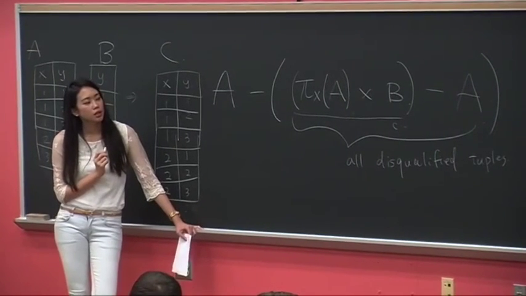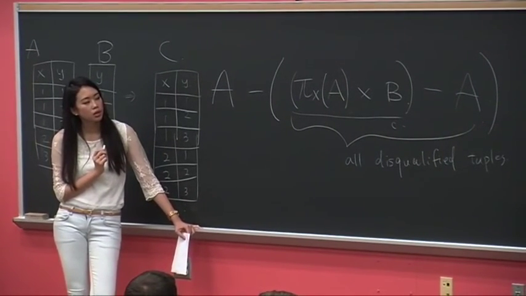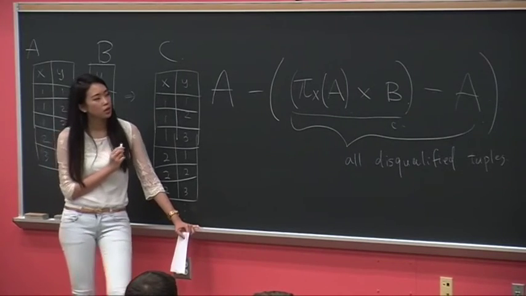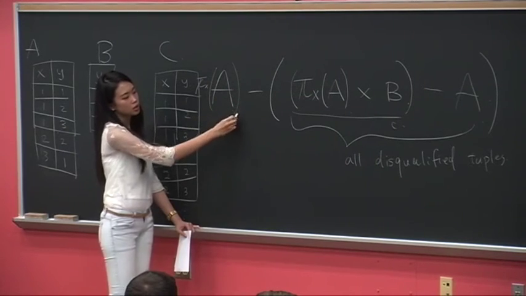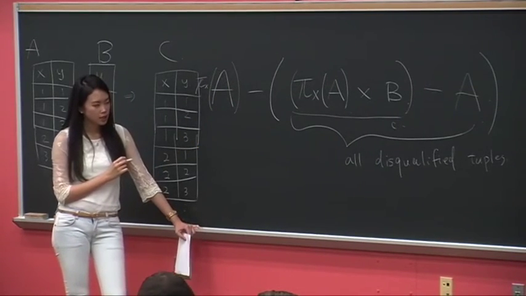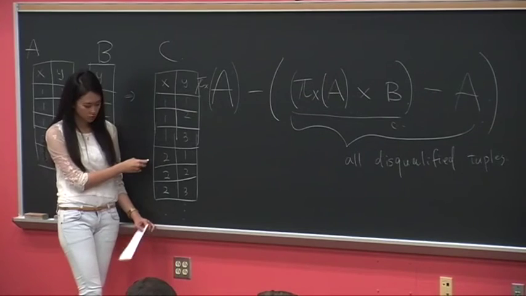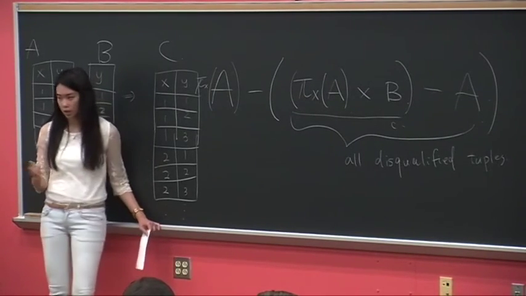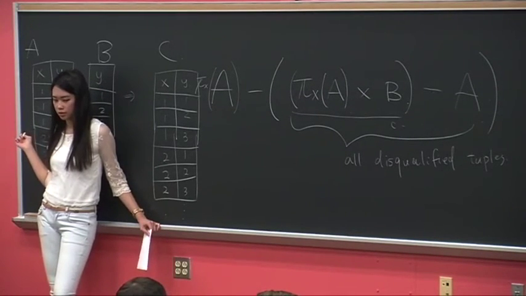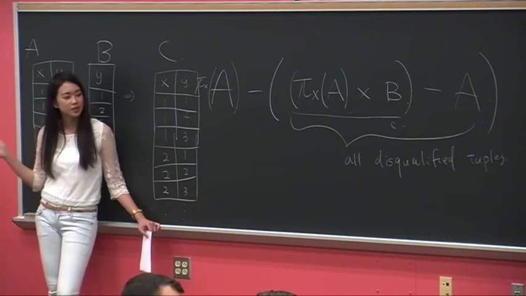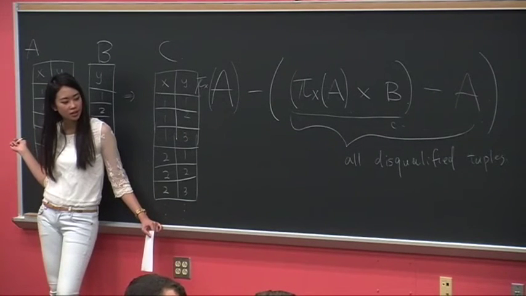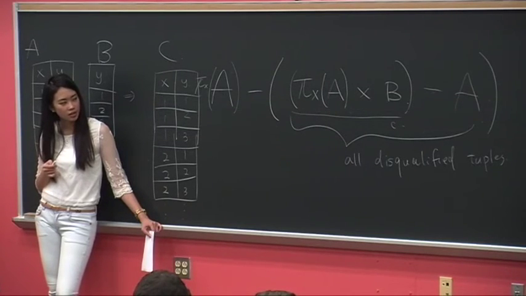So we can do that, but it just gives us back A. Let me see. In here, but not in here. Projection, and then all those are disqualified.